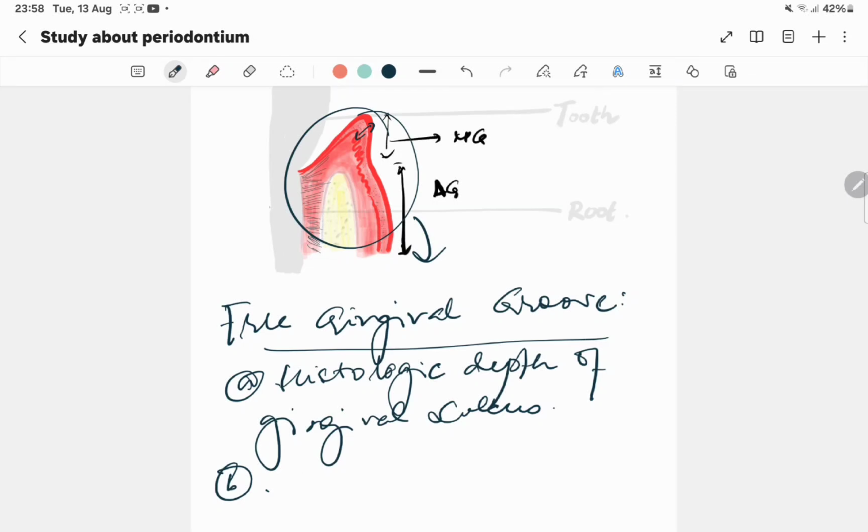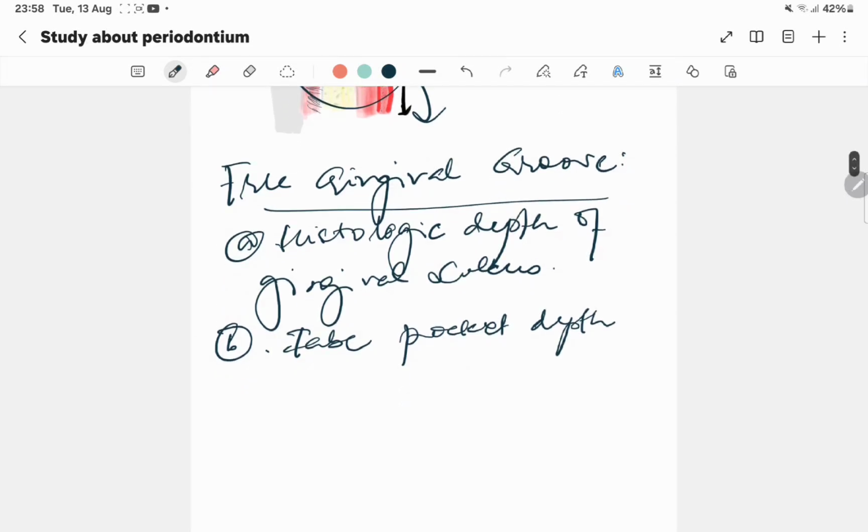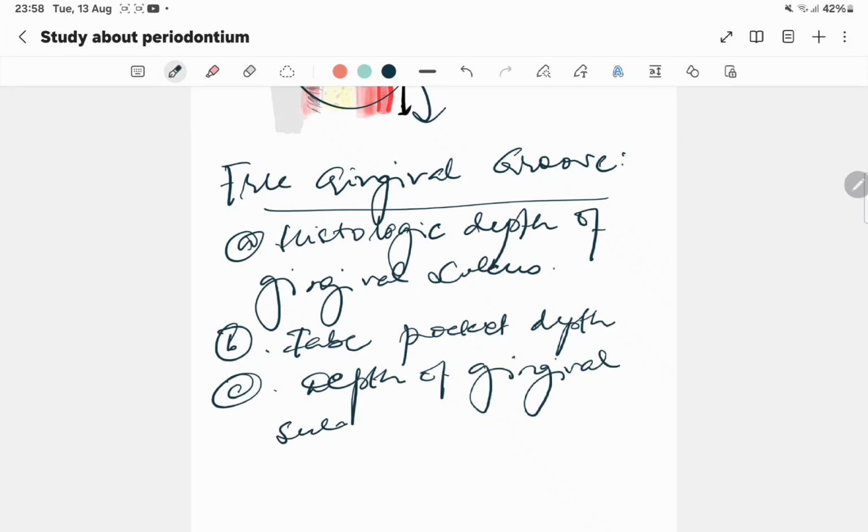Second option is the false pocket depth. Third option is depth of the gingival sulcus. And the fourth option is none.